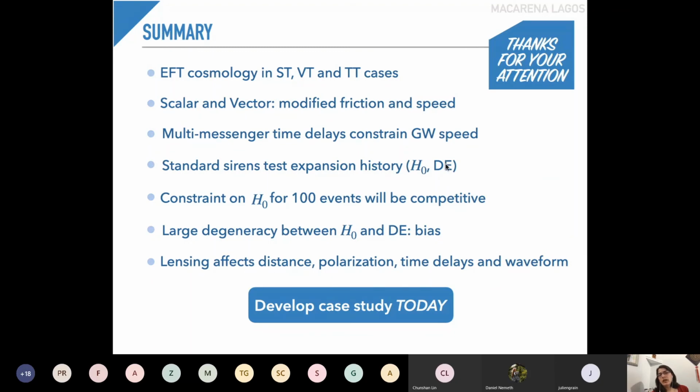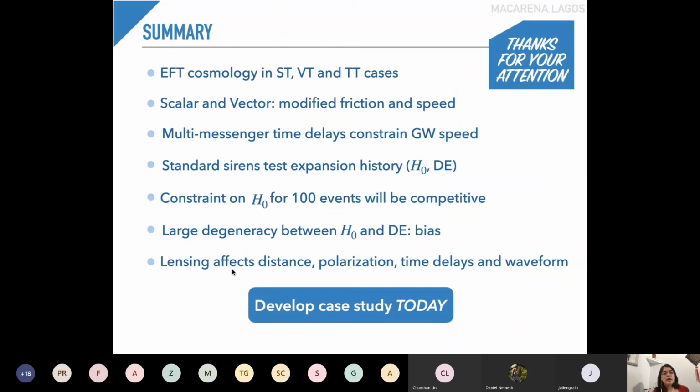And you could also constrain the behavior of dark energy through this parameter CM that I introduced. You could reach a constraint on H0 using 100 events that is close to the current constraint on H0 in terms of precision. I also tried to get across this warning that there could be effects degenerate with H0 that could bias your constraint on H0, so they're important to test.